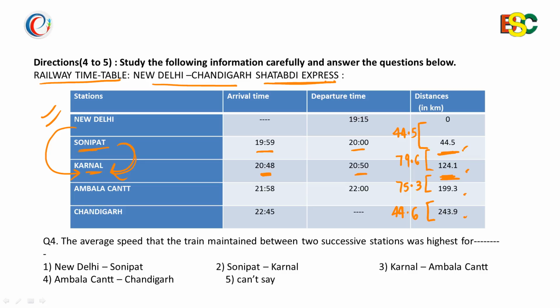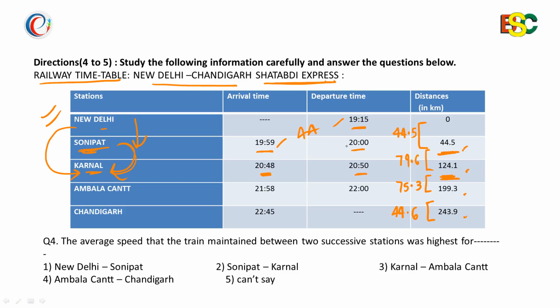Now focus on the time. Here, the train departed from New Delhi at 1915 but reached Sonipat at 1959. So the time taken by the train from New Delhi to Sonipat becomes 19:59 minus 19:15, that is 44 minutes.